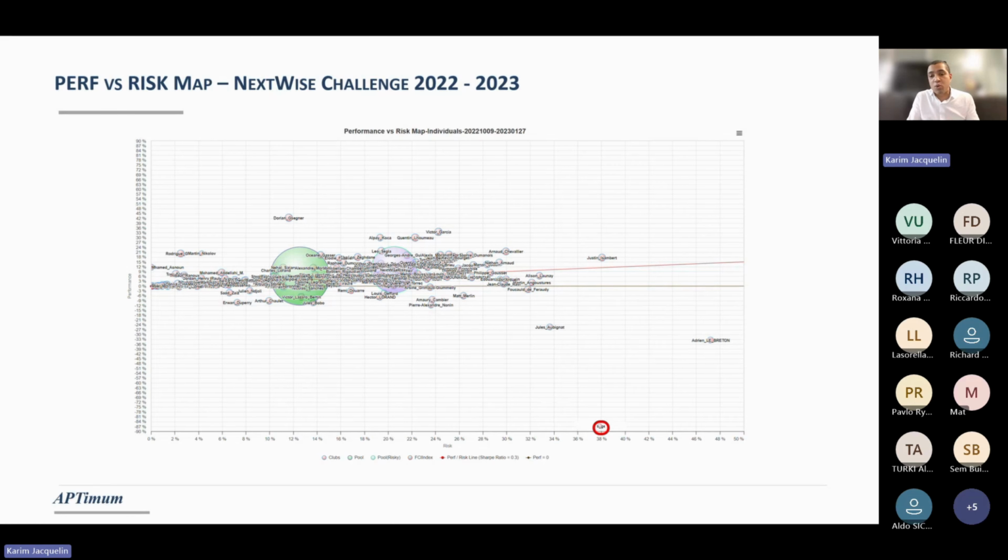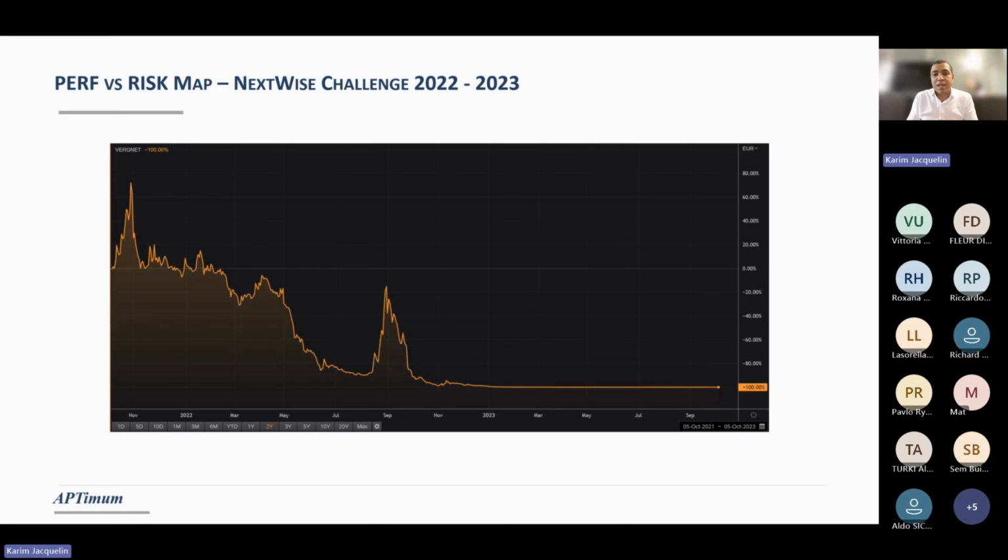There is only one way you can lose so much money. It's to invest in only one security, and that this security value go to zero. So this is what happened for this poor individual, and unfortunately, its performance was very, very bad.